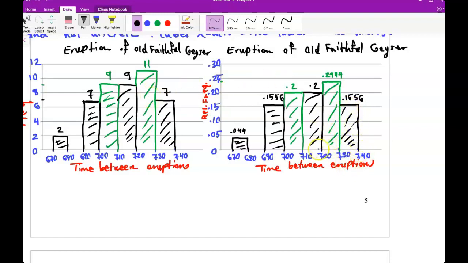Okay, comparing these two, you can see we have exactly the same shape.